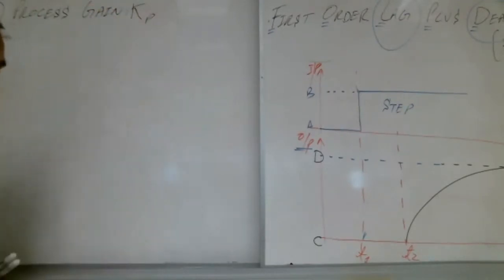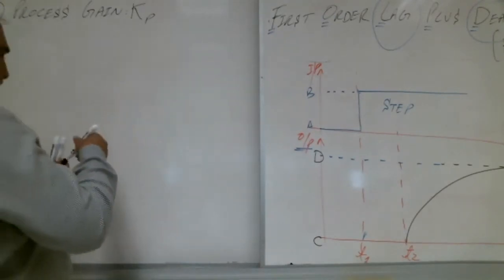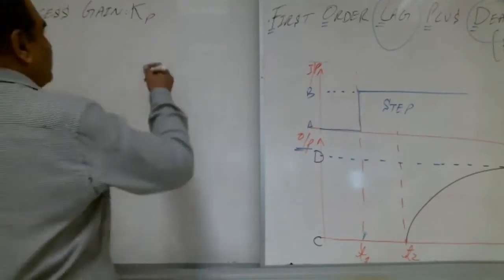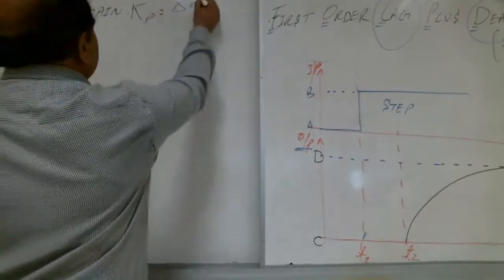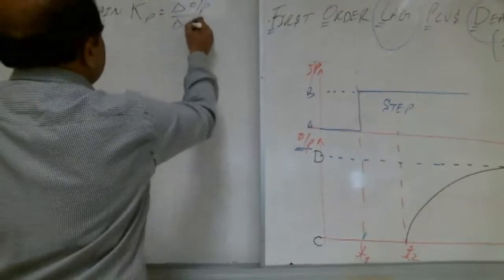Yes, Shabab, how do we define process gain? Delta output over delta input. Delta means what? We don't need this delta. It is change in output over change in input.